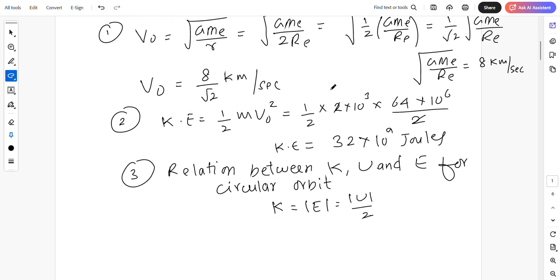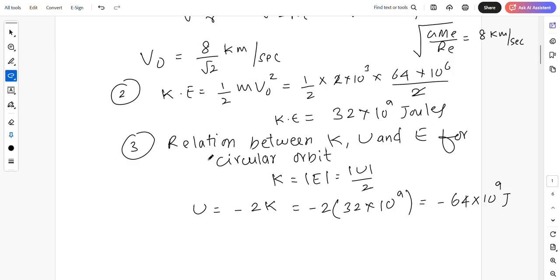Number 3, they are asking potential energy. Potential energy U is equal to minus of 2K. That is equal to minus of 2 times the kinetic energy I just got, 32 into 10 to the power of 9, which is minus of 64 into 10 to the power of 9 joules.